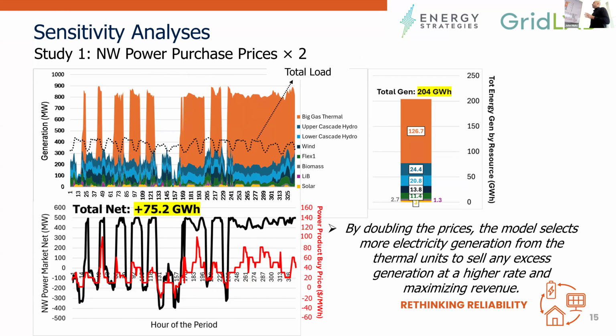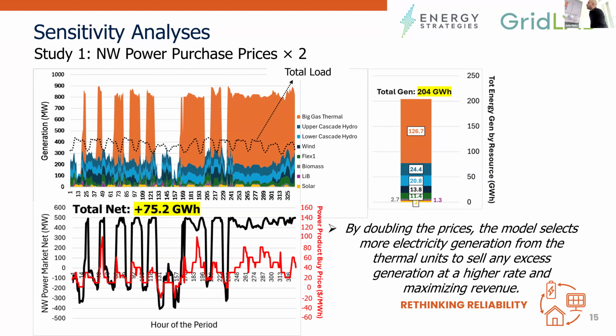And when we double the prices, you see we have the thermal units that are generating more power. Again, the reason is that the system wants more internal generation, and it will just export it and sell it to the market. So we expect to have a bigger revenue or a bigger system value in this study compared to the baseline scenario.